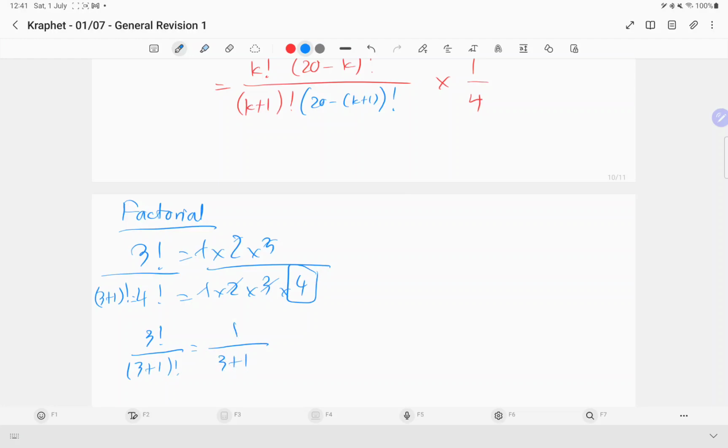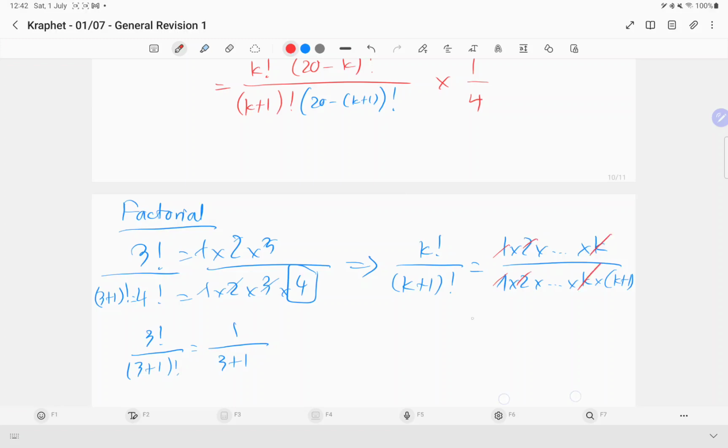Which means that if you have k factorial over k plus 1 factorial, the top would be 1 times 2 times all the way to k. And then the bottom is 1 times 2 times all the way to k, but also times k plus 1. So every single factor on the top cancels, all the way up to k gets cancelled out.